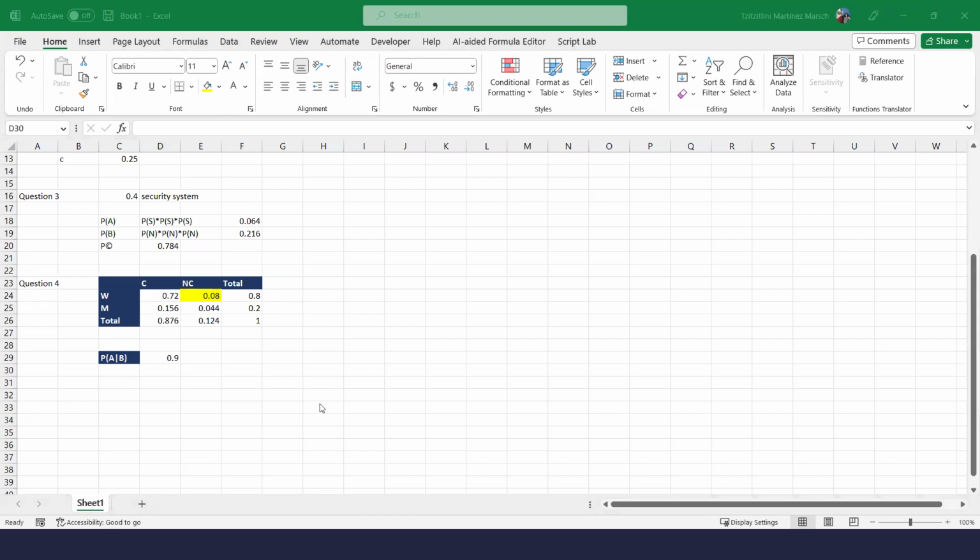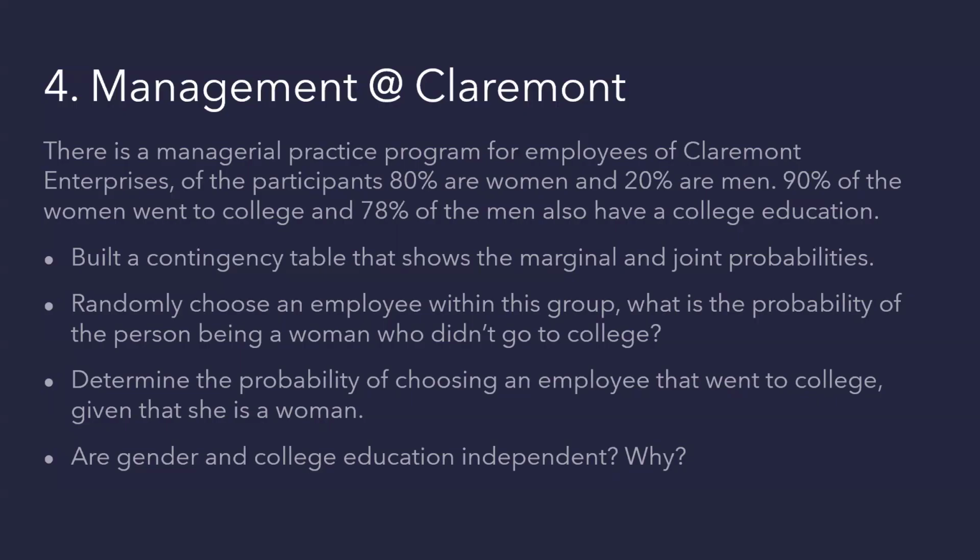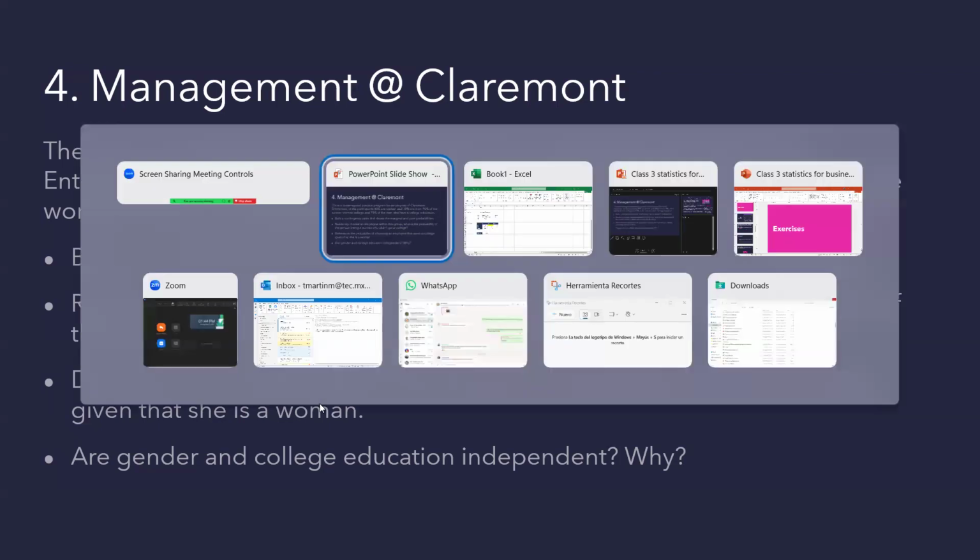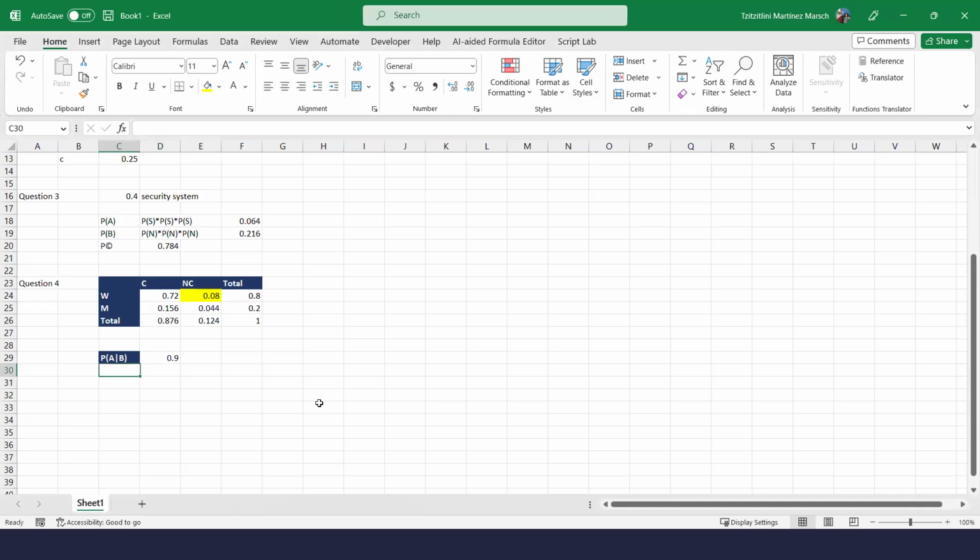Now the next thing it says: are gender and college education independent, and why? So the probability of me going to college is 0.87.